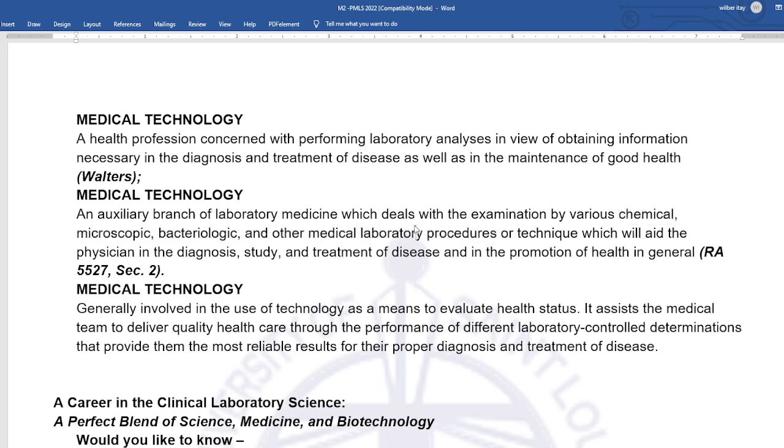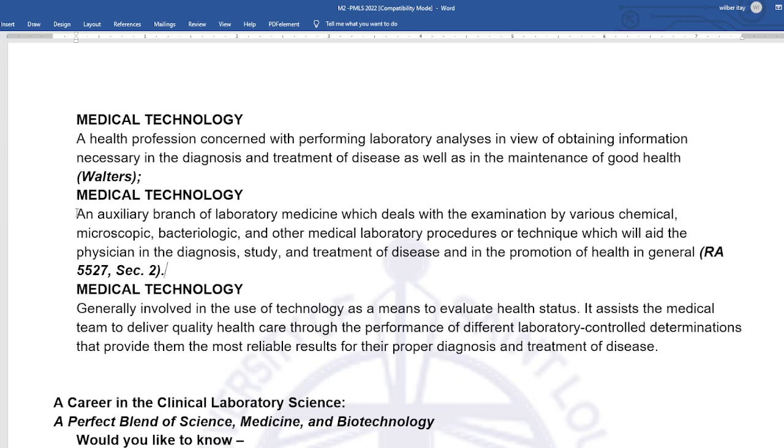So, the laboratory procedures help us, okay? With the help of chemicals, with the help of machines, for us to do our function in the clinical laboratory. Okay? So, what's good with the definition of RA 5527 of our profession is that it reminds us that we do not do our work on our own. We are helped by the products of science and technology, and we must always apply it.